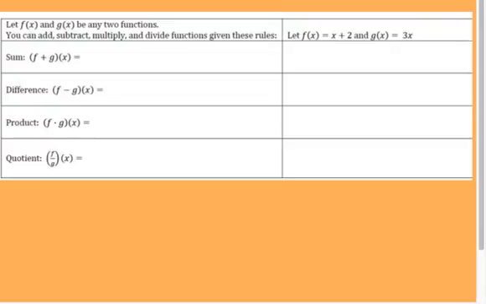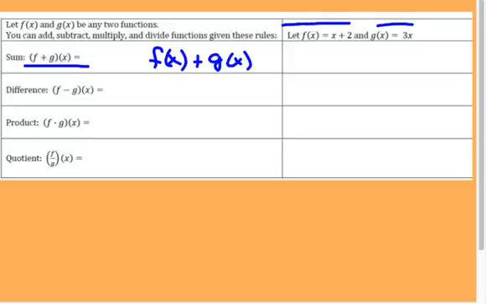So let f of x and g of x be any two functions. You can add, subtract, multiply, and divide functions given these rules. Well, right here, f plus g of x. All that's saying is you're going to take the f of x function and add it to the g of x function. So let's let f of x equal x plus 2 and g of x equal 3x.